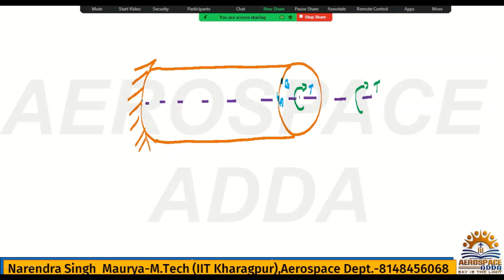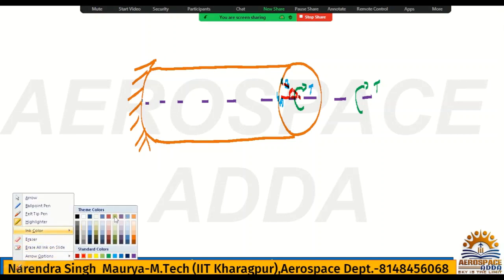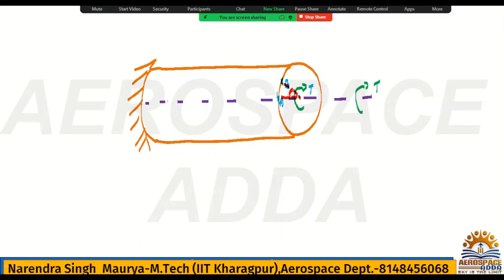About this center point, you will get this angular deformation. Because this end is fixed, obviously it will make it like this.